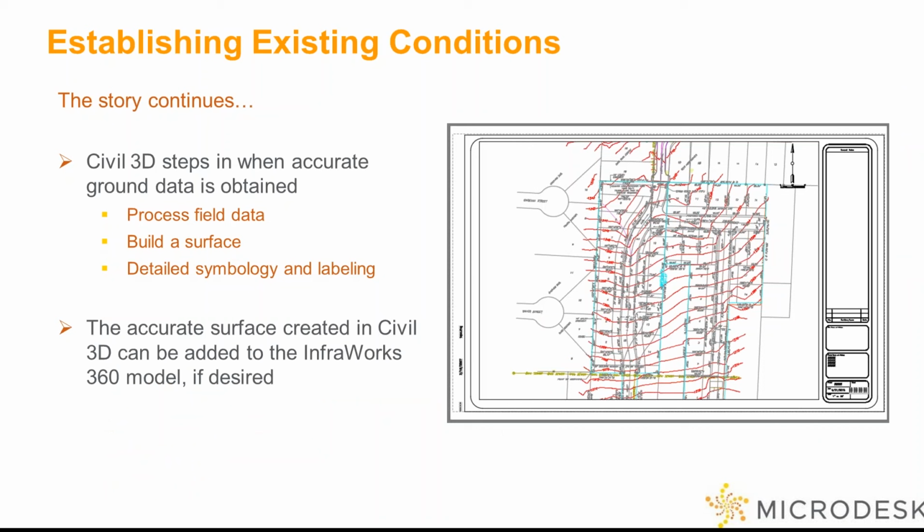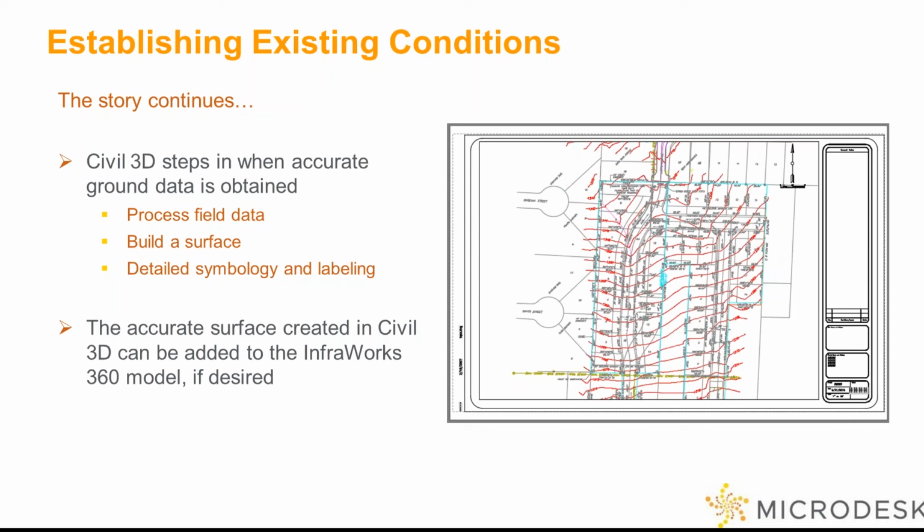So Civil 3D, incredibly accurate. You can process all your data there, build your surfaces, do all your symbology, your labeling, and everything. It's just great. But again, building that initial foundation, and maybe you don't have that data yet, you want to jump right into the project. You want to be able to get that data and really start rolling.